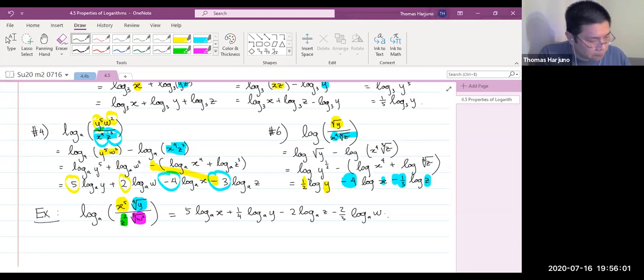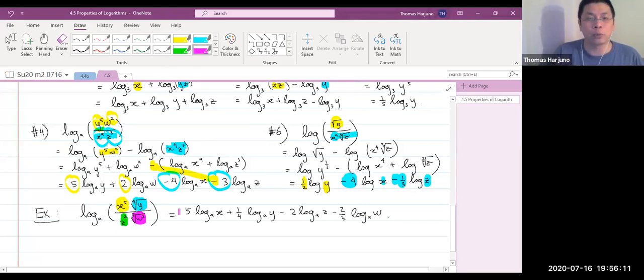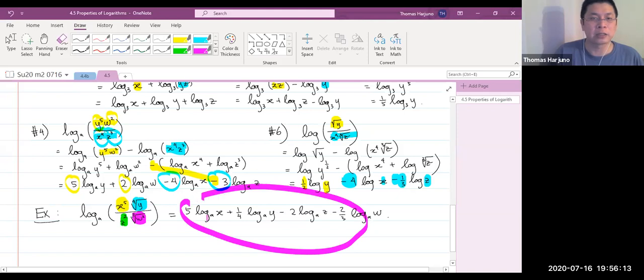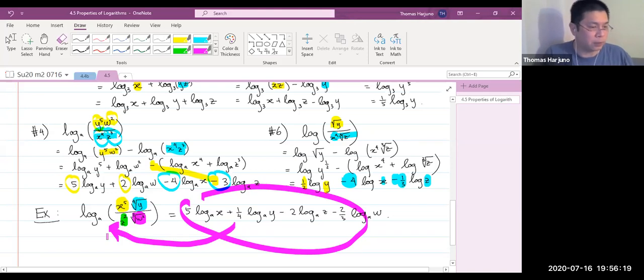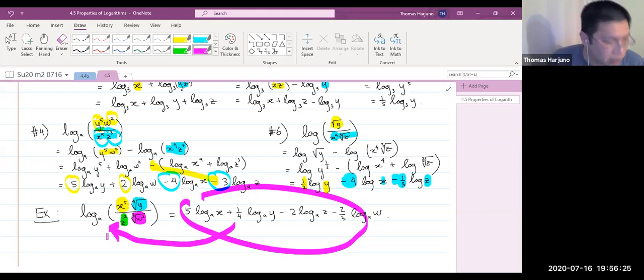Now, however, what we need to be able to do is to go backward. So to go backward in the sense that suppose we are given something like this, can we condense them into a single log? Okay, that's actually a more difficult work, but at the same time, if we already know how to go forward, then going backward is something reasonable to learn.